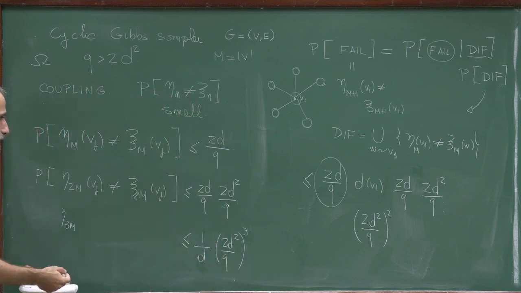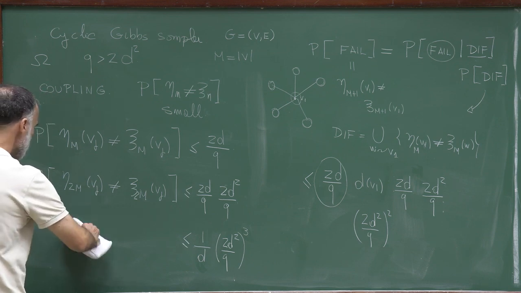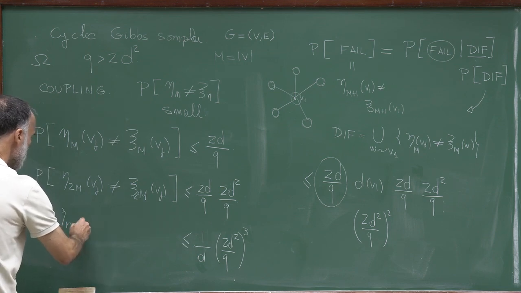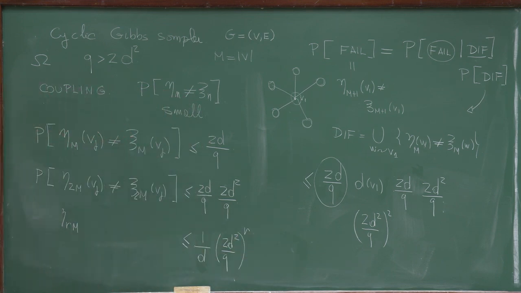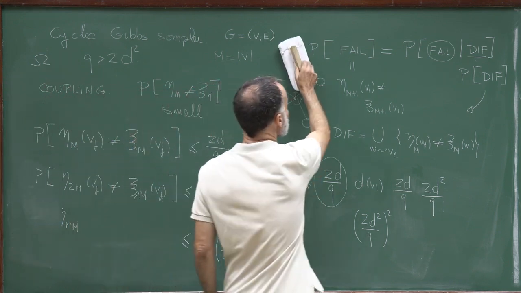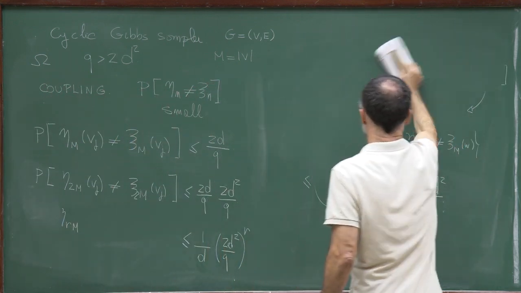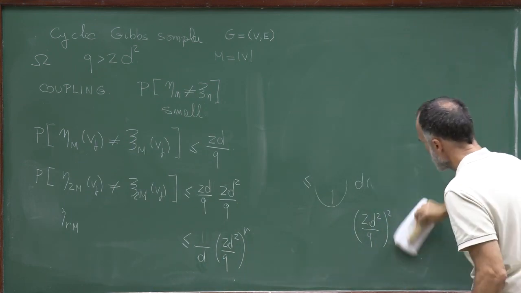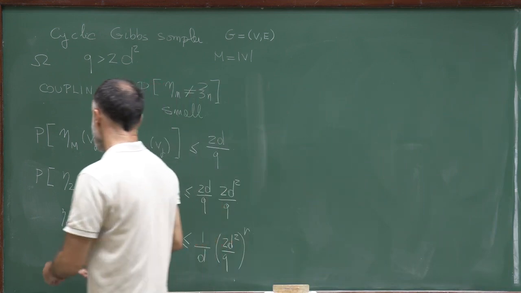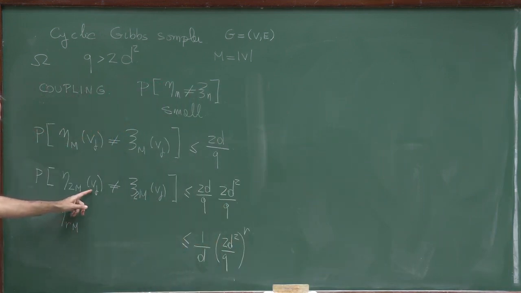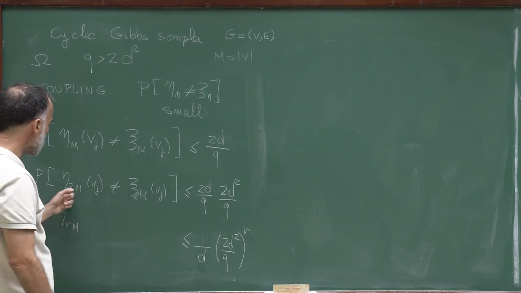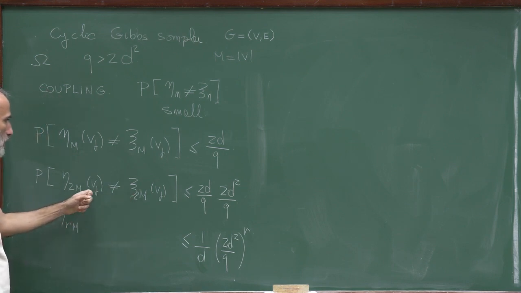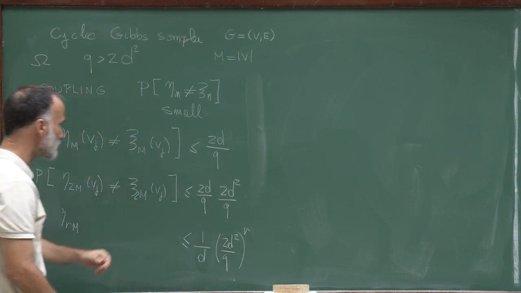And you see that I can repeat this argument, and if I repeat that r times, at time rm, I will get here r. So I have this bound. I proved that if I fix a vertex vj, the probability that at time rm the color of the vertex vj for the configuration eta is different from the one of psi is bounded by this quantity.